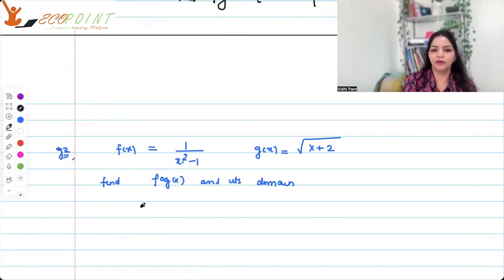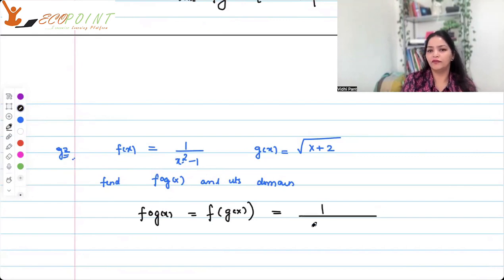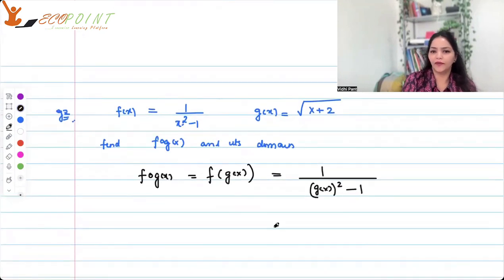So how will we do that? To find f of g(x) is very simple. We just have to do f(g(x)), which means that wherever you had x, now you will have g(x) in the expression for f. So it is going to be this, right?